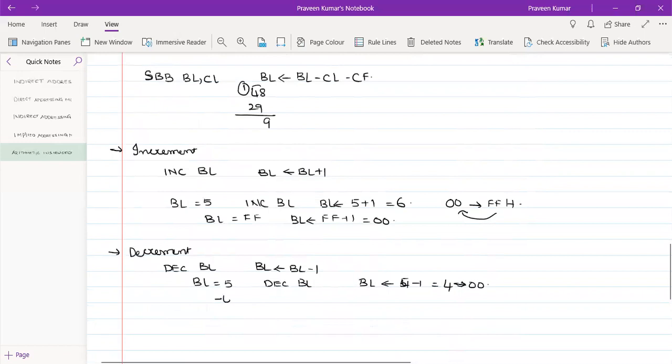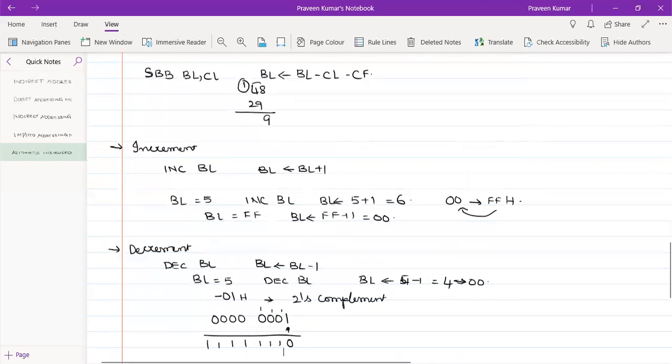That is 0 minus 01H. If it is a negative number, I have to take the 2's complement. The 1's complement of 00000001 is 11111110.